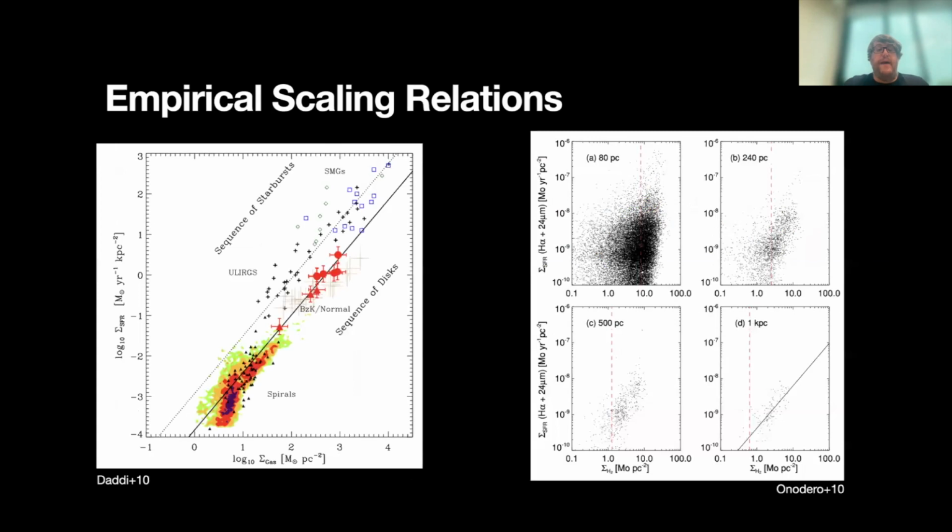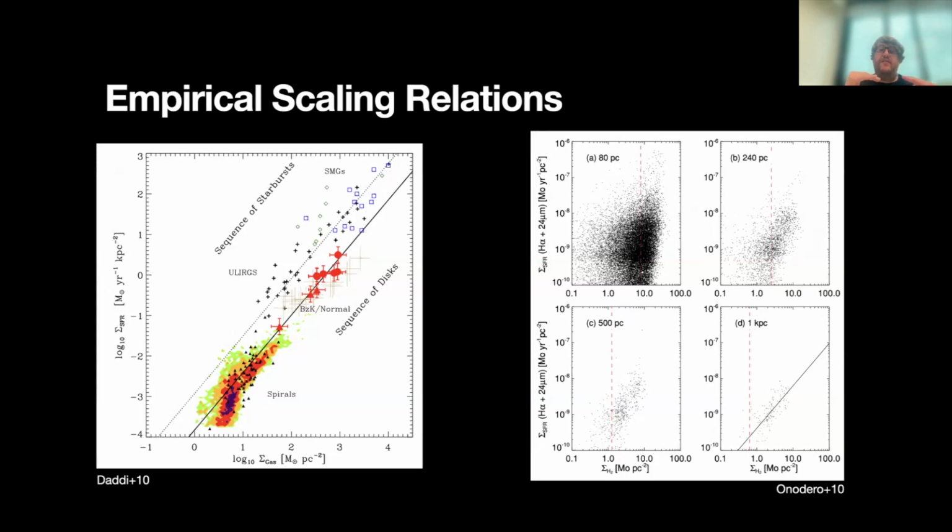Another issue with these scaling relations is that we see differences when we use different galactic systems. If we look on the left here, we've got the normal spirals, use your own particular definition of normal. We start to see that these spirals do lie on this Kennicutt-Schmidt relation.